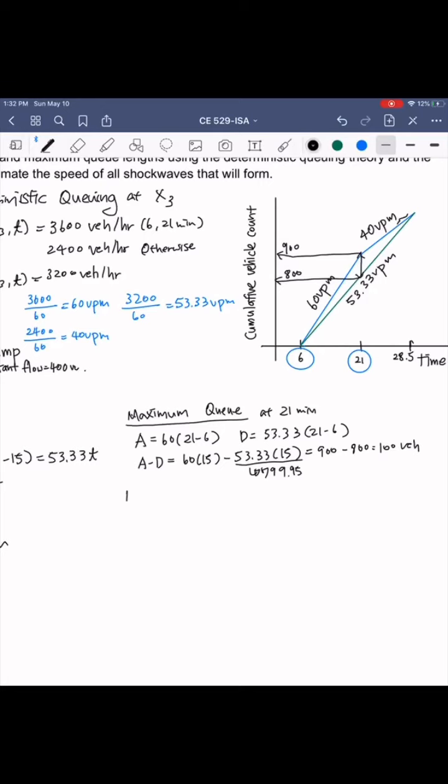Let's write down maximum time delay at 900 vehicles.